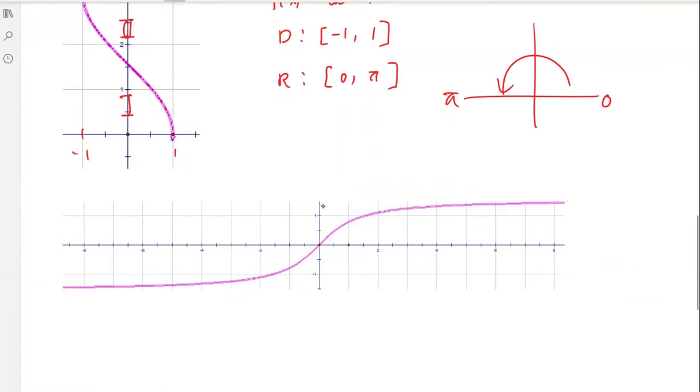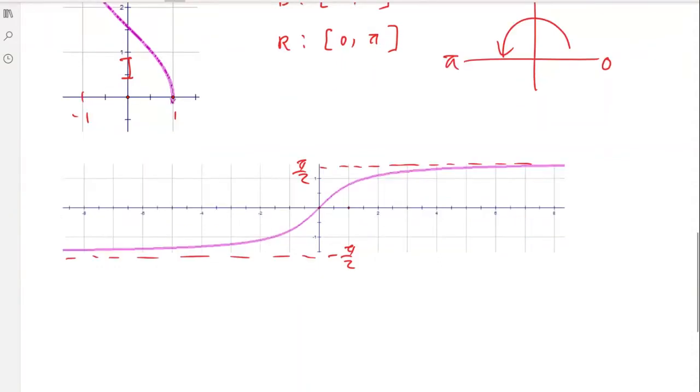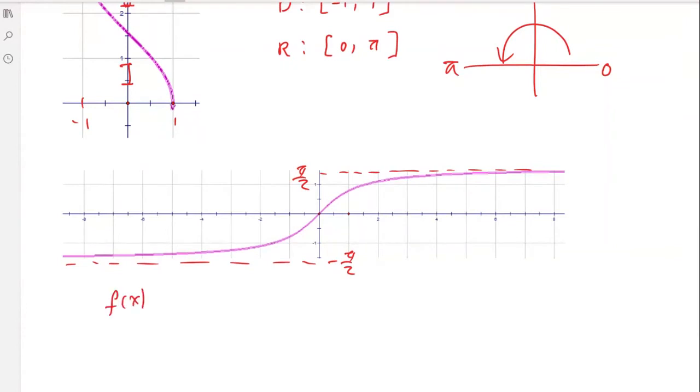Now be careful, the asymptotes are part of the graph, right? Of course it exists out here this way too, but that's a useless one, isn't it? So we typically throw it to one side, and that location is pi over 2, and the other one is at negative pi over 2. So this function f of x is equal to inverse tangent x. Let's talk about the domain and range.